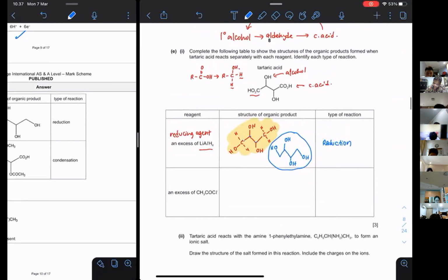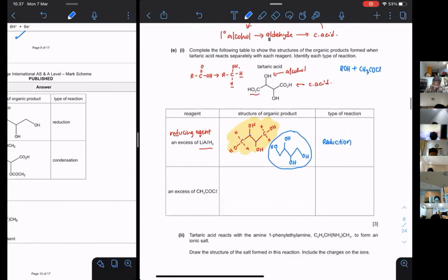So if I put it over here, ROH will react with, let's say, CH3COCl. They are going to give you R, the H and the Cl will go out. So RO, you have carbon, double bond O, CH3.